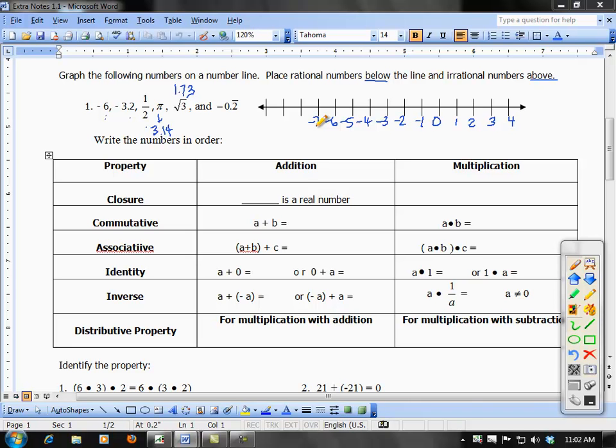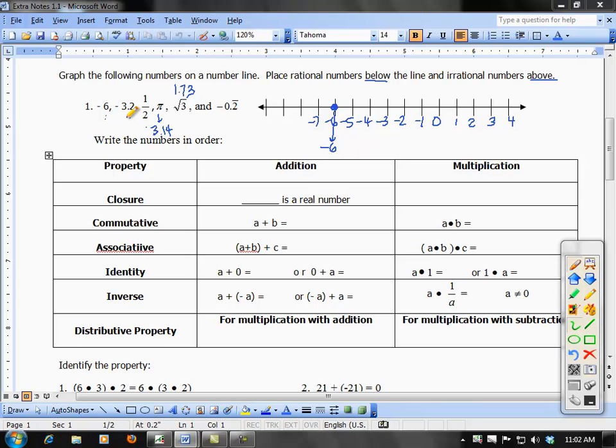Now, as I look at this, let's label some of these. Here's what I know. Negative 6 is here. Is it rational or irrational? Well, it's rational because it's made up of an integer. And so I'm just going to put negative 6 down here so that I know. Okay, and we said rational numbers were on the bottom. Another one that's rational is negative 3.2.